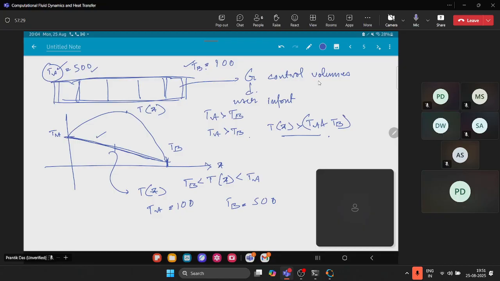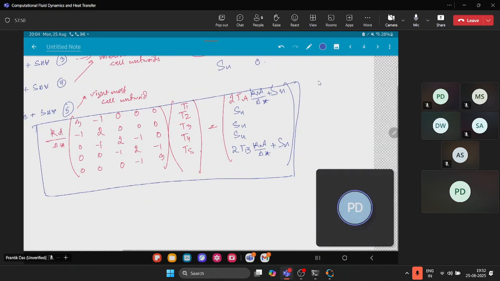As of now, for the sake of the problem itself, I'm taking 500 to be the west case and 100 to be the east case. And I have to find out the temperature profile over the whole domain. The number of control volumes you take inside the domain is up to you, so that's a user input. What we are going to do is create this matrix as I have discussed earlier. This matrix comes in the format of Ax equal to b.